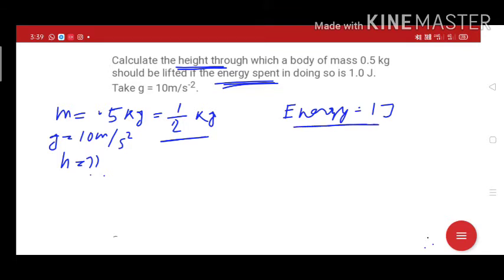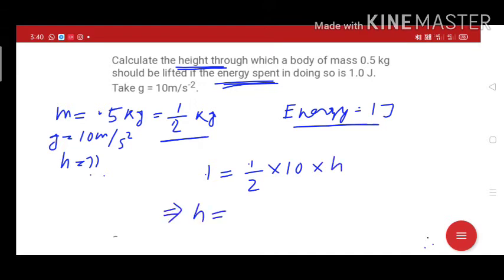So that means whatever is the energy we are spending to do the work is actually going to store in the body we lift. So here the energy is given, so we will write 1, and mass is given, that is half m, g is 10, and h is not given.